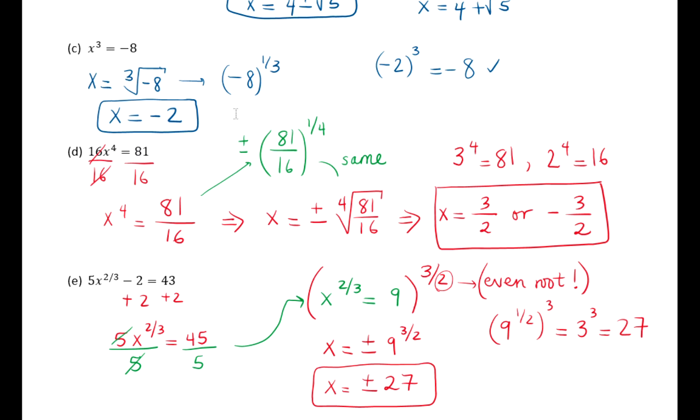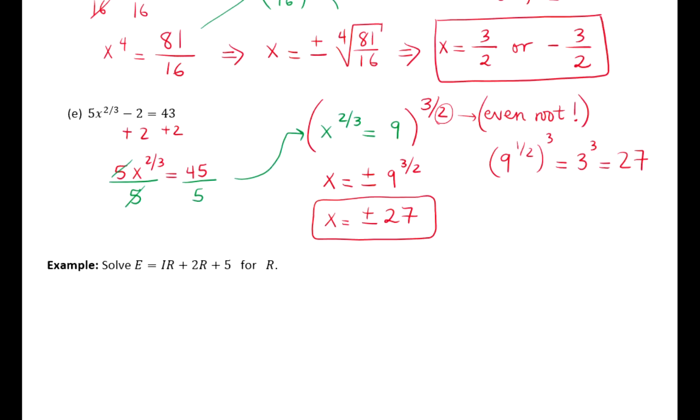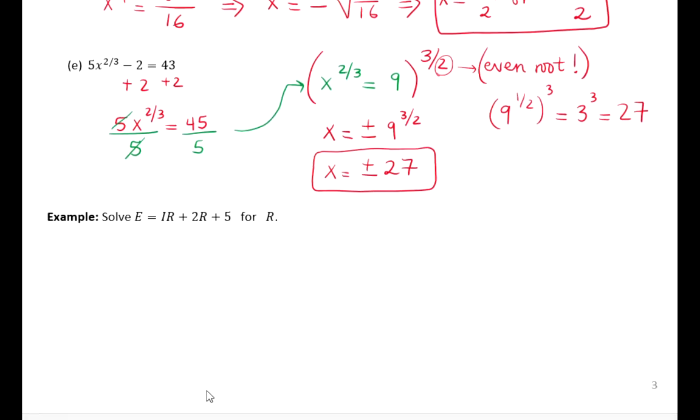And I have one final problem, which is simply about the variables. Solving this one for R, and let me put some space for that. So trying to isolate R. R is your unknown variable, so you can leave it right here.